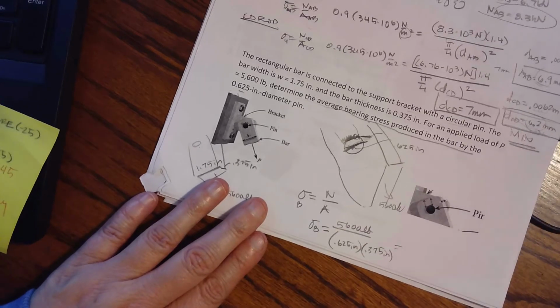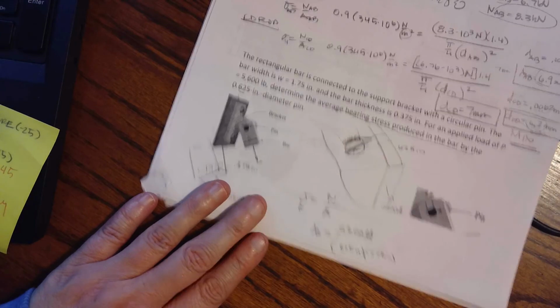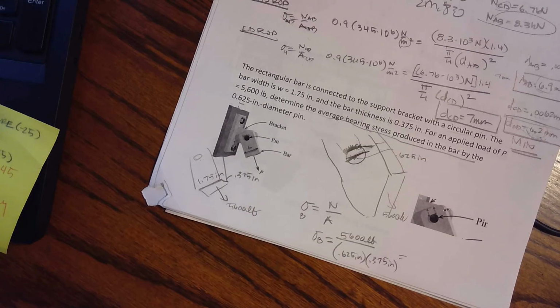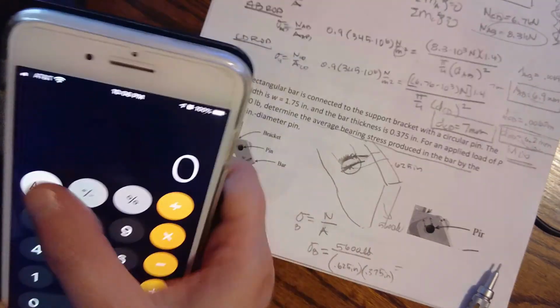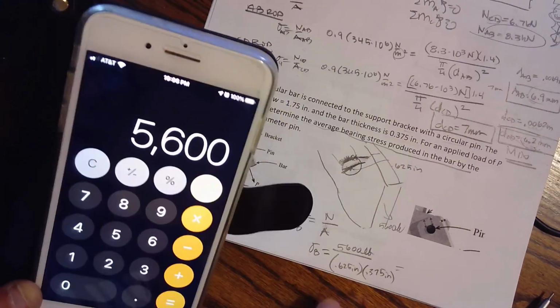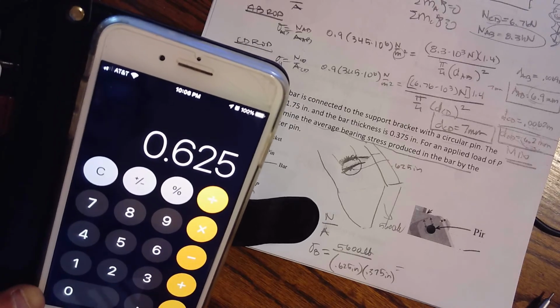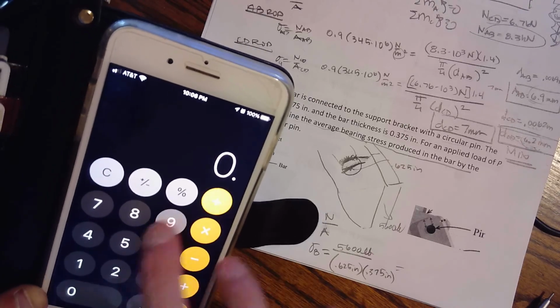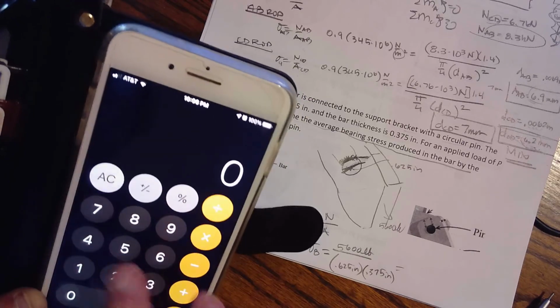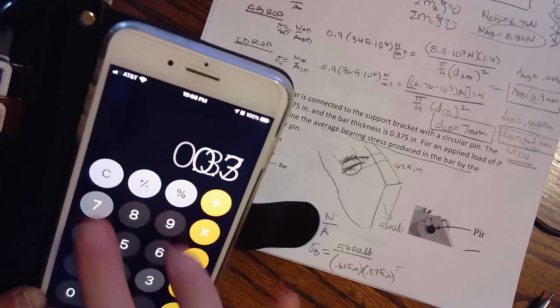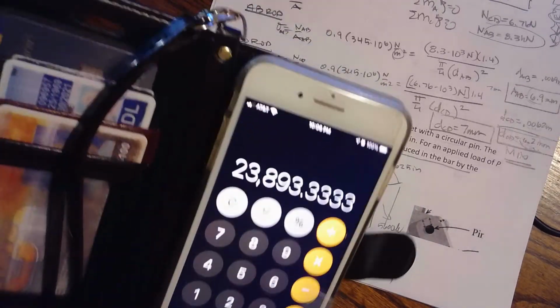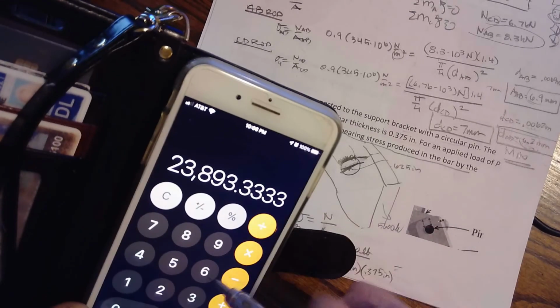When I multiply this out, I didn't actually multiply it out. Let me get my calculator out, because my real calculator's batteries are dead. So I have 5,600 divided by 0.625 divided by 0.375 equals a number that's in pounds per inches squared.